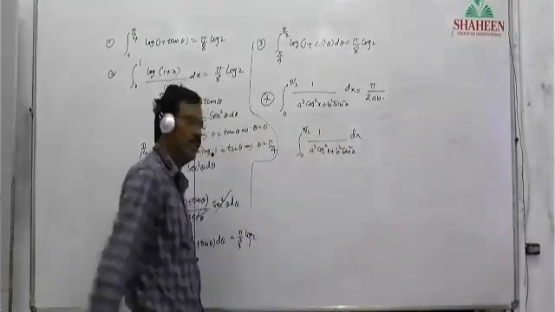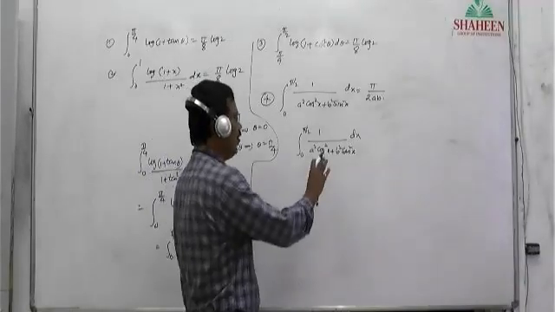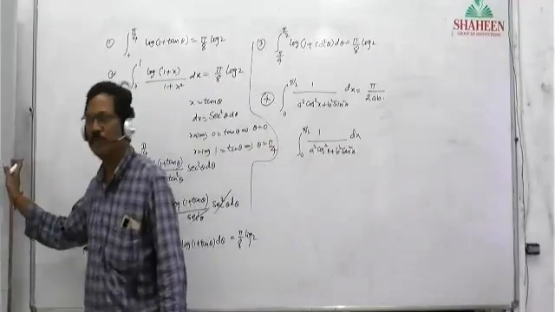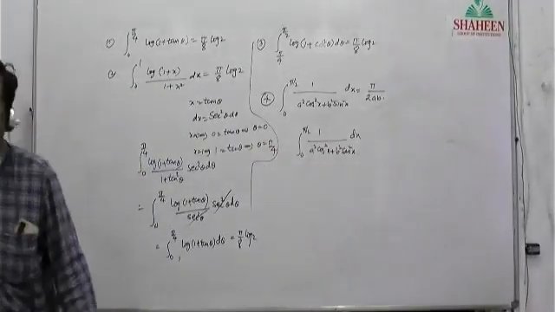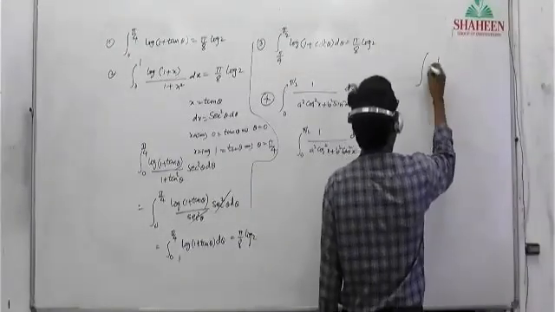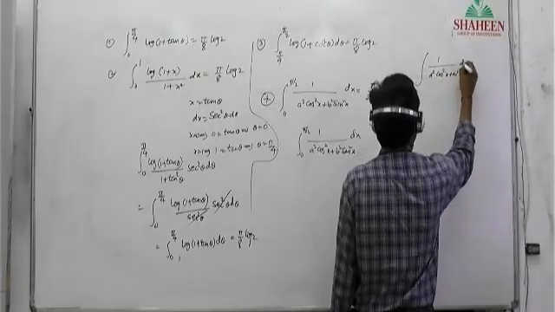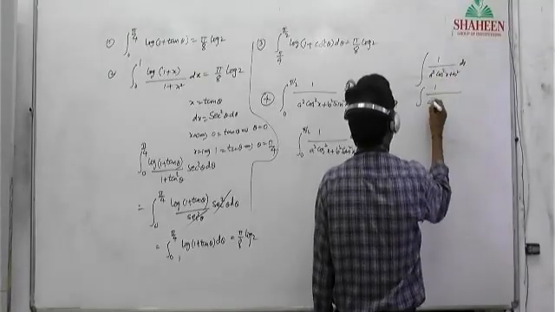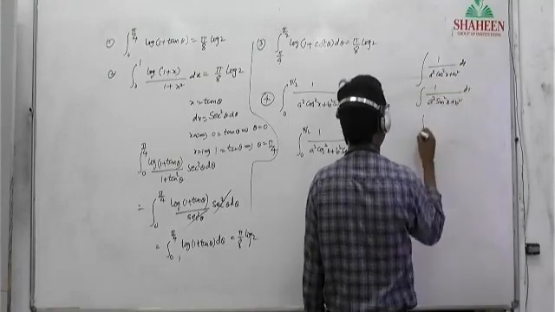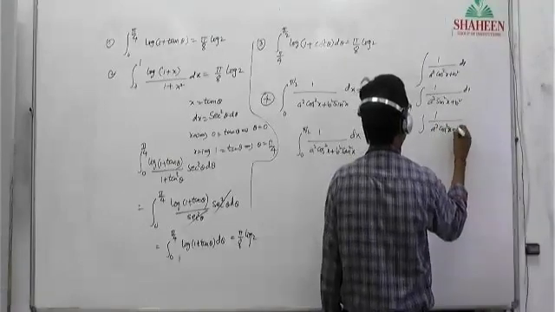Okay, now this is the integral I am writing. Whenever there is sine square, cos square in any problem, second degree in terms of sine, in terms of cos, right? Any such integral, it is like 1 by a square cos square x plus b square sine square, or integral 1 by a square sine square plus b square, and the problem may be 1 by a square cos square plus b square sin square.